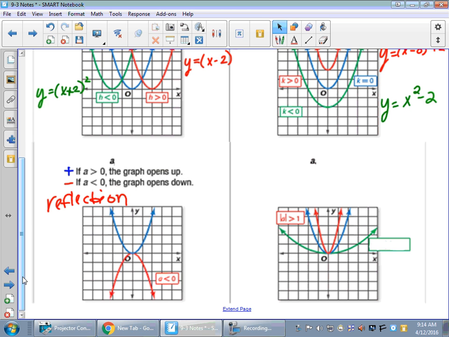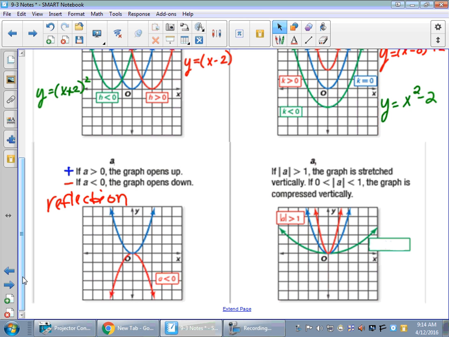We're just looking at the numeric part. So if it's greater than 1, 2s, 3s, 3.5s, -4, they're all greater than 1, it's going to stretch vertically. Stretching vertically means it's going to get narrower because we're pulling the graph upward faster. It's stretching it vertically because we're multiplying it twice as big or 3 times as big.